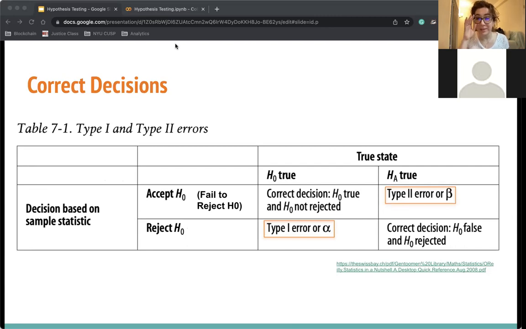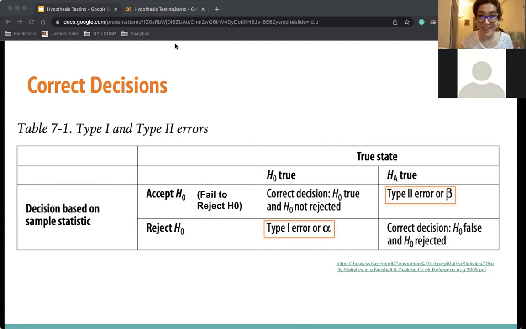And this should be similar to the last class when we were talking about the confusion matrix, when we make the correct decision and accept this null hypothesis that there is no relationship between using fertilizer and the hops quality.